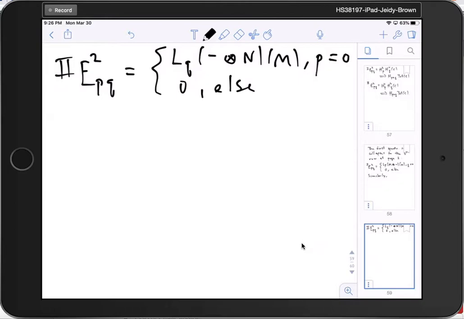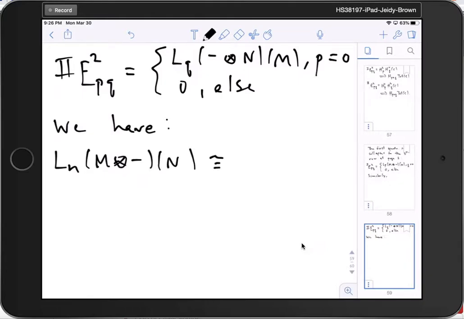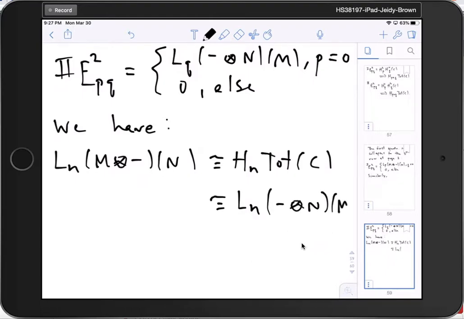Okay, and so as I said before, by what we know about spectral sequences that collapse to either one row or one column, we can conclude that L_n(M tensor blank) evaluated at N is isomorphic to H_n of the total complex of C, which in turn is isomorphic to L_n(blank tensor N) evaluated at M for all n.